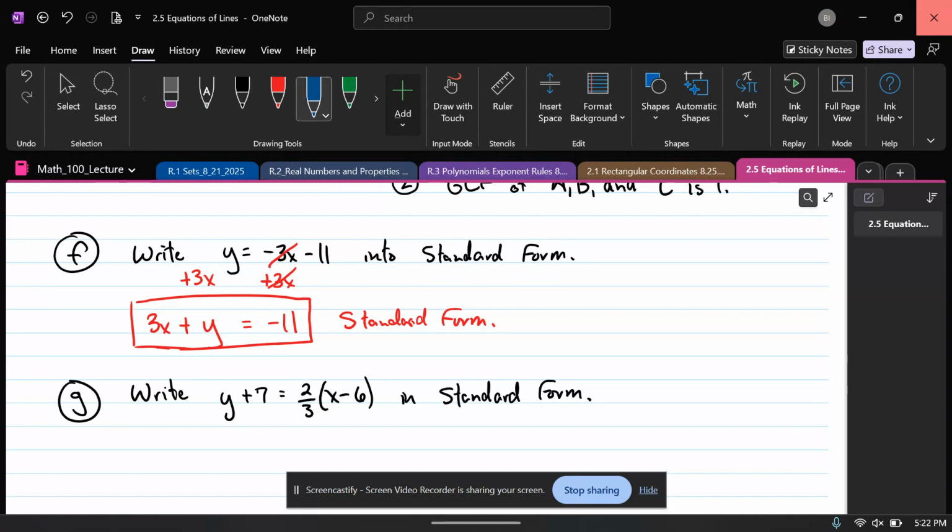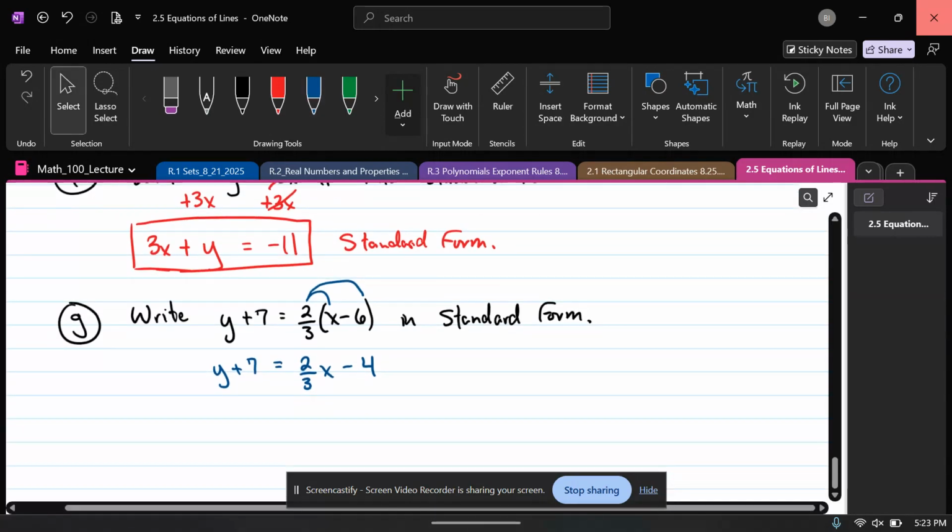So my first step is to distribute the 2/3 into that stuff. So that's going to be 2/3 x minus what? What's 2/3 of 6? 4. And I have the y plus 7 still over there. Okay, moving the 7 is a great idea. Get those like numbers together.